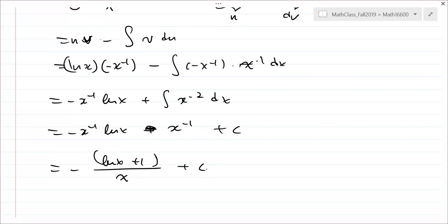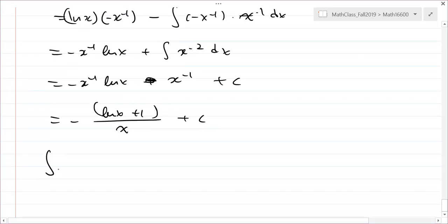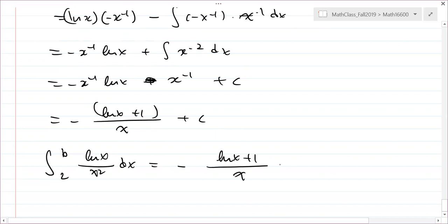Now I'm going to go back to the improper integral.